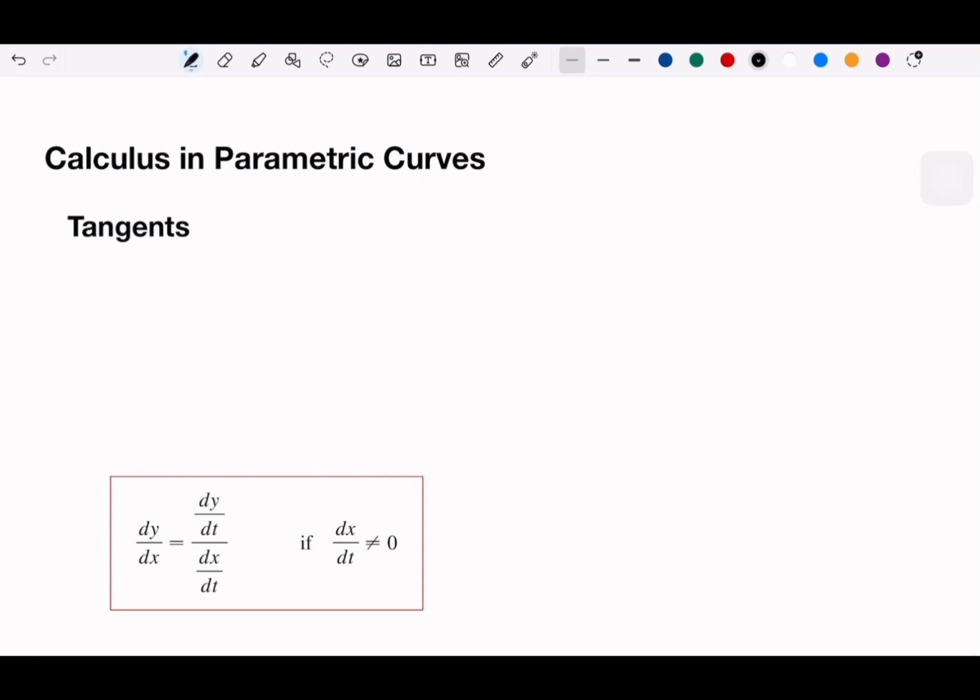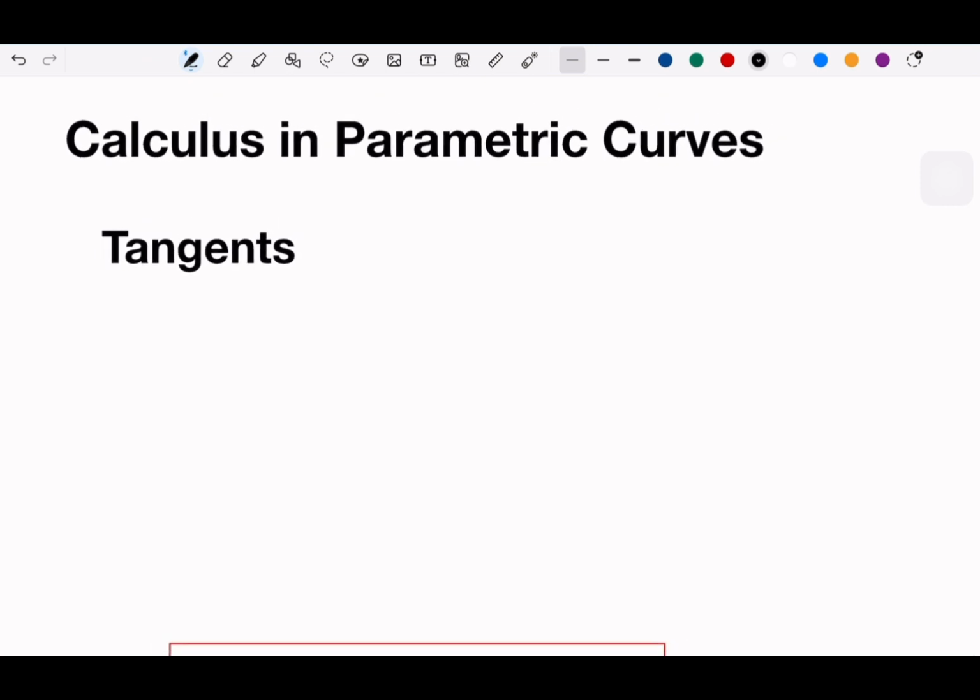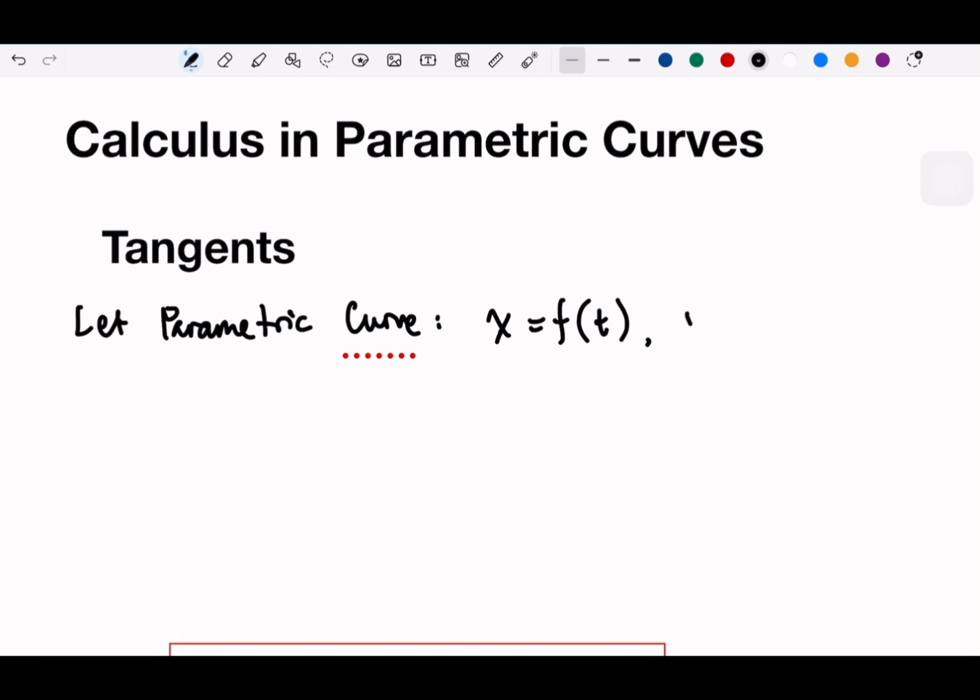So I will try to get into what we have before: let a parametric curve be defined by x equal f of t and y equal g of t.